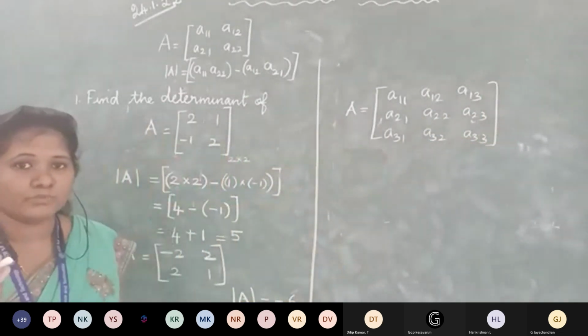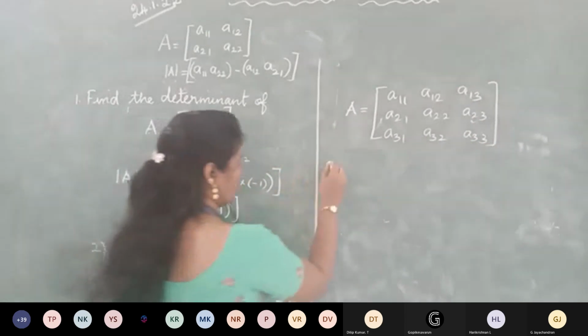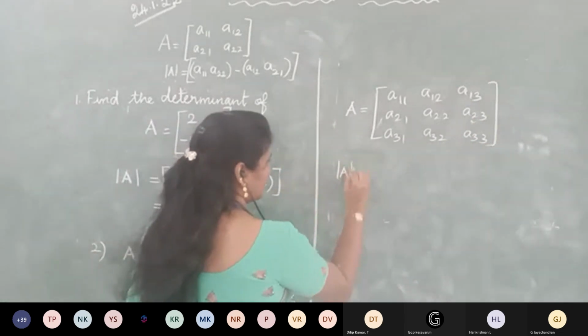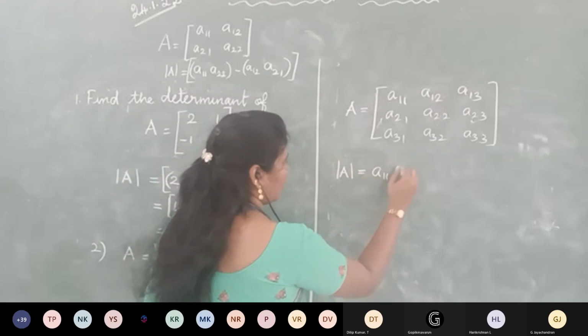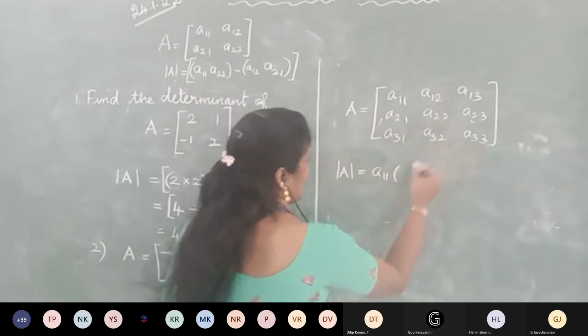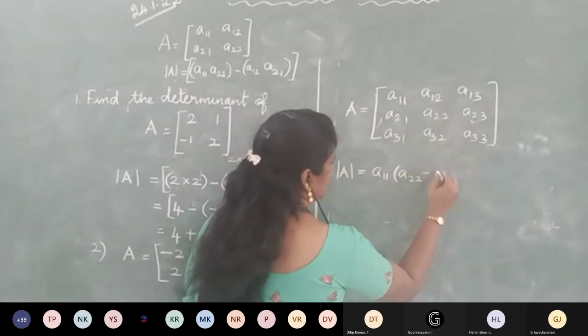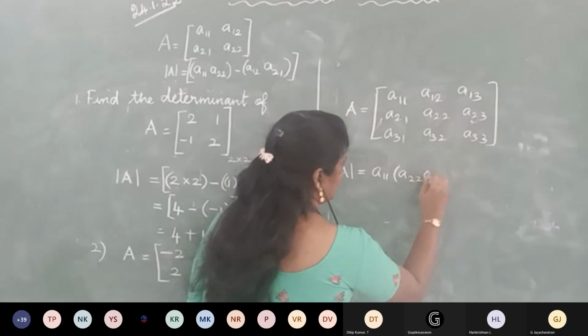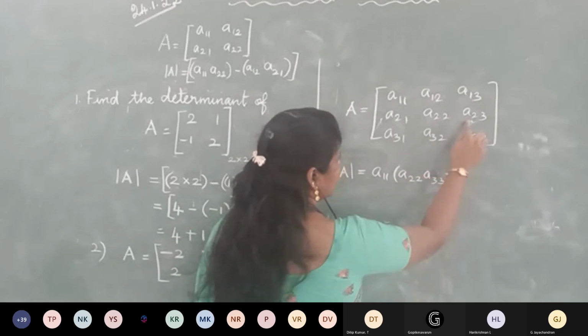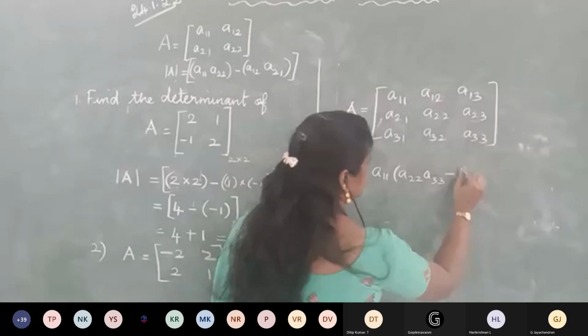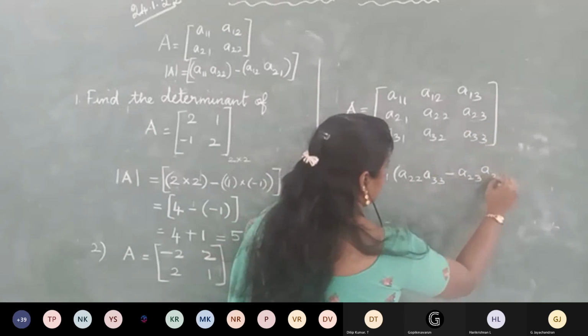Now you're going to find out the determinant for a 3 cross 3 matrix. So your formula will be determinant of A is equal to A11 into A22 A33 minus A23 A32.